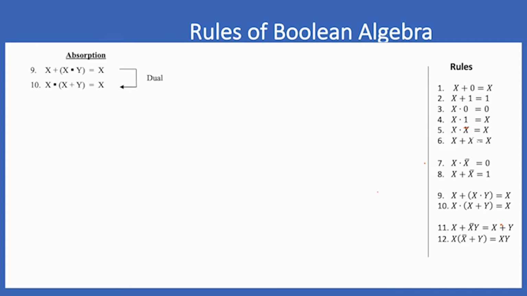Let's do another one. Let's prove the second part of this one here. Let's prove this one right here. Prove that x times x plus y equals x. This one's probably a little easier to do, but let's verify it.